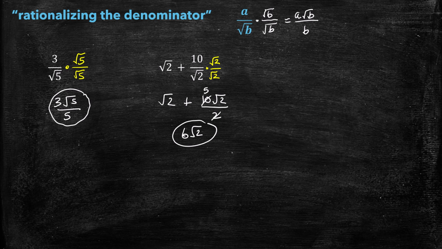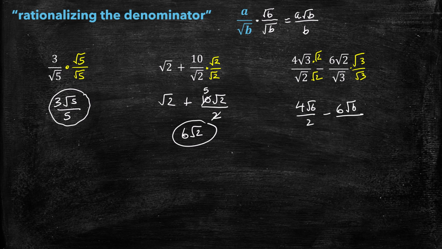And now, to end with a fun one, let's have a look at this crazy expression. For the first fraction, we'll multiply by rad 2 over rad 2, and for the second, we'll multiply by rad 3 over rad 3. And that leaves us with 4 rad 6, let's correct that, over 2 minus 6 rad 6 over 3.